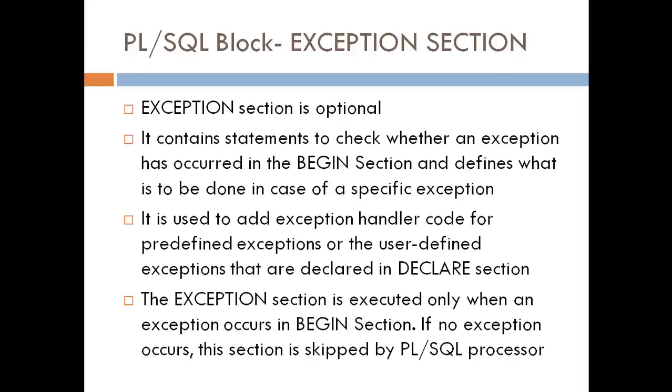It is used to add exception handler code for predefined exceptions, that means Oracle exceptions, or the user defined exceptions that you have already declared in the declare section. The exception section is executed only when an exception occurs in the begin section. If no exception occurs, this section is skipped by the PL/SQL processor.